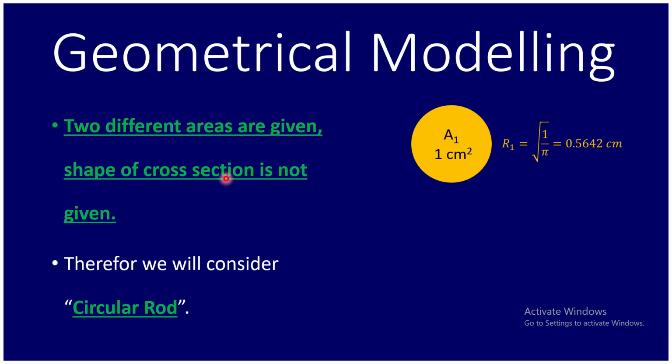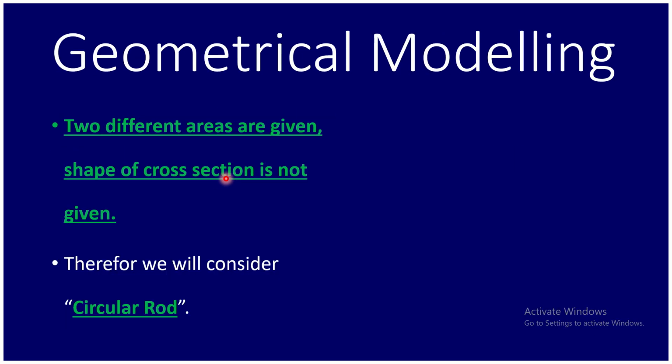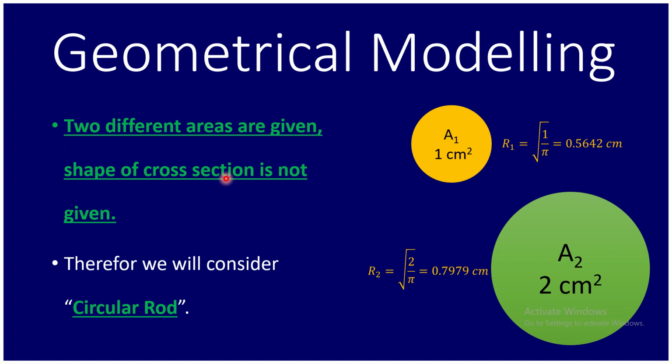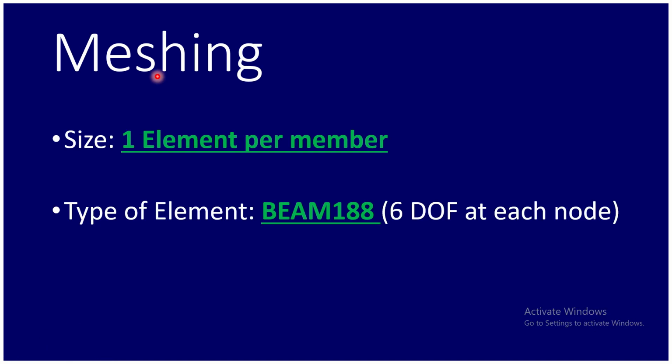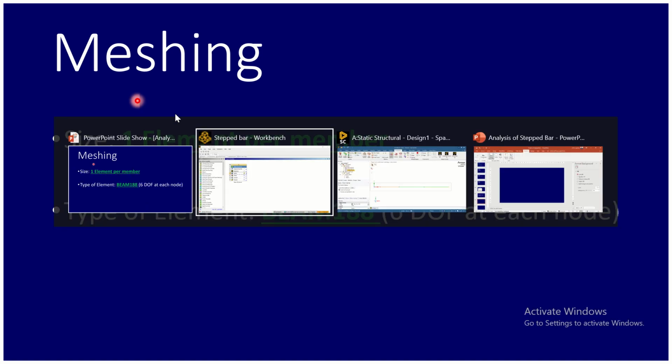So we have done with the material properties and geometrical modeling. We have modeled these two areas, cross section profiles with a circular rod. Then next thing is we have to do a meshing. Okay, so let's see if it is ready.